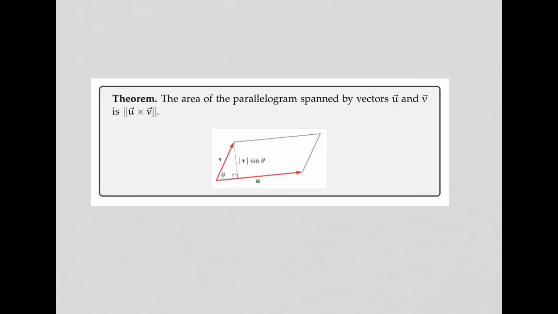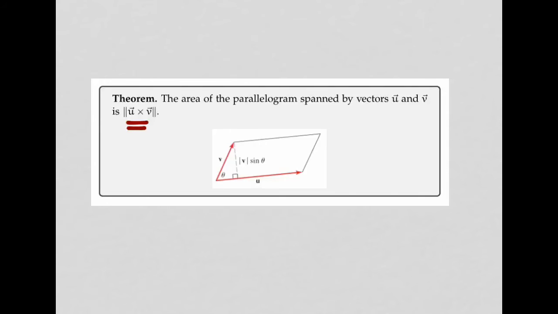First thing to notice when solving this problem is that the area of triangle PQR is half of the area of the parallelogram spanned by vectors PQ and PR. This is illustrated in the picture in the top right of the screen. We also know from the previous theorem that the area of the parallelogram spanned by two vectors u and v is the magnitude of their cross product.